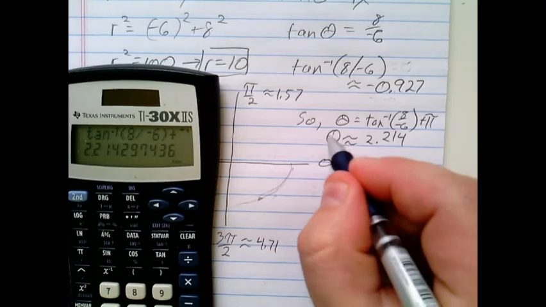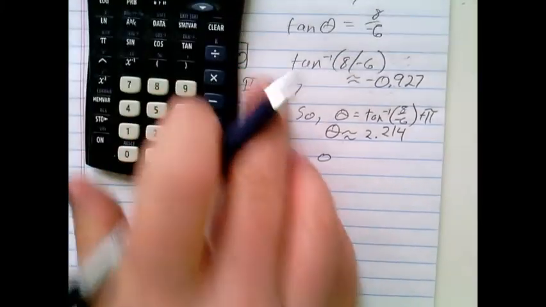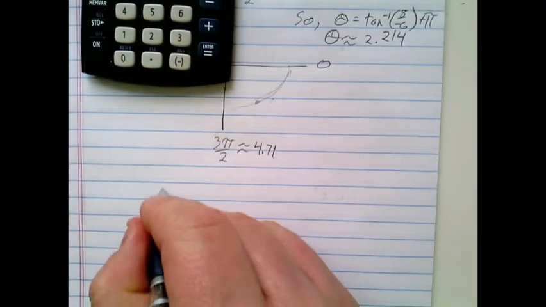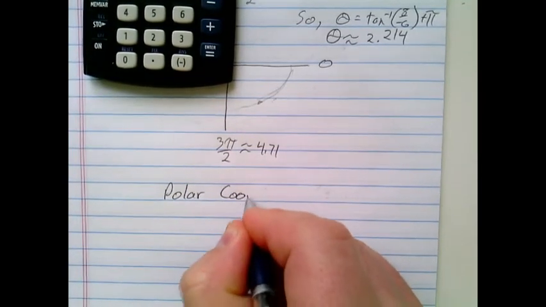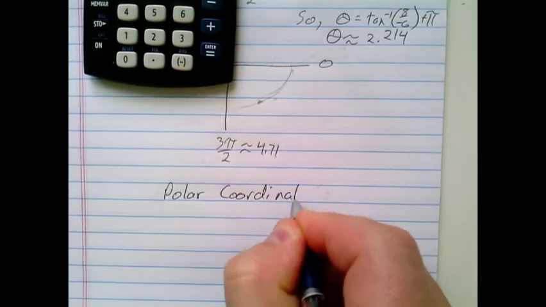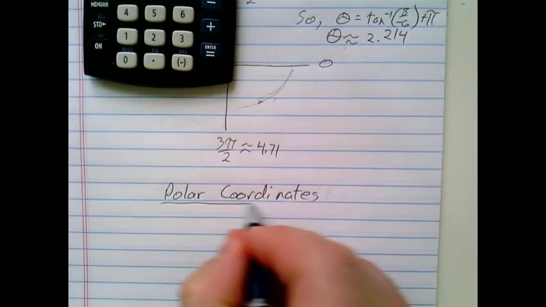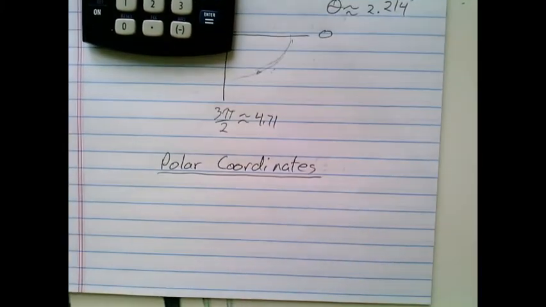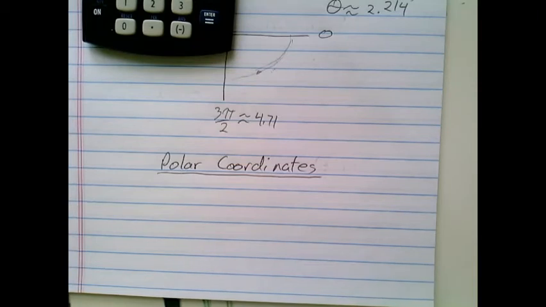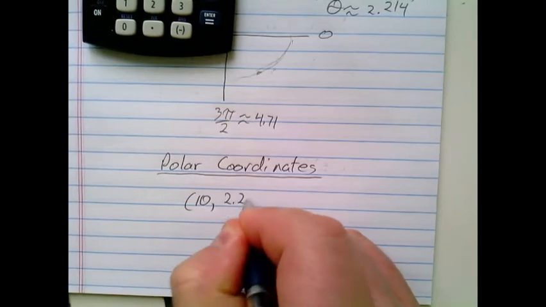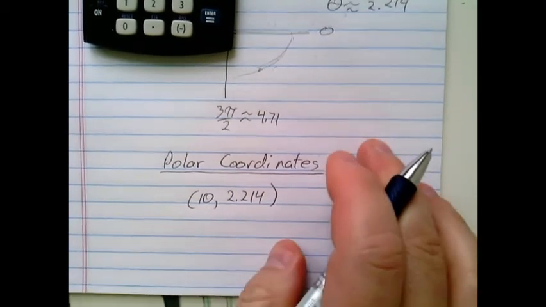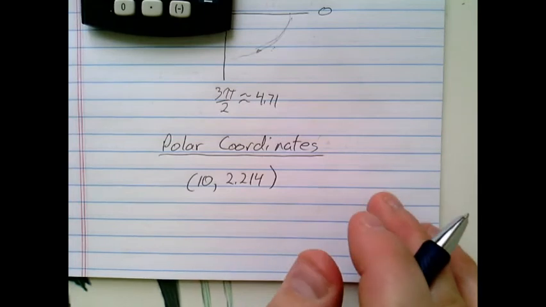That's my theta value. So my polar coordinates are (10, 2.214).